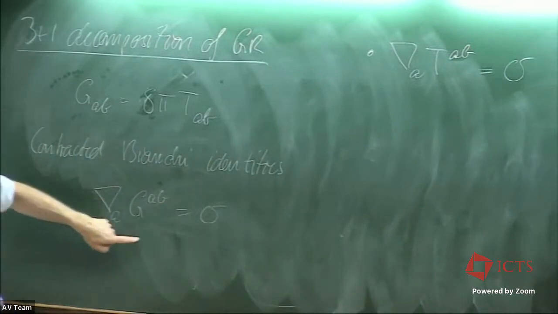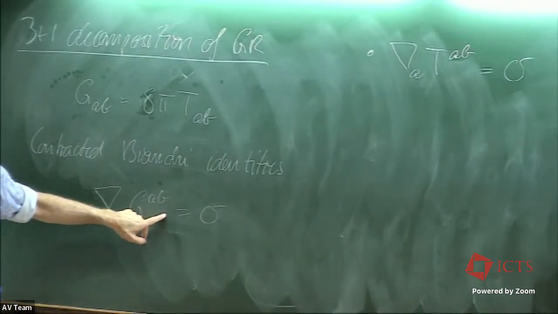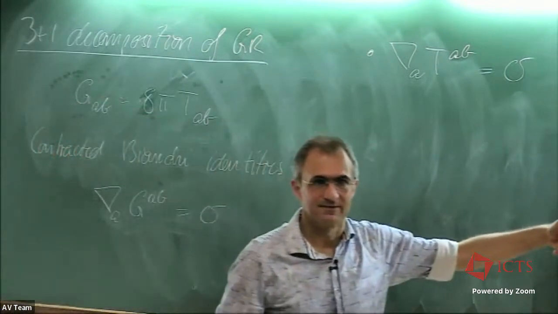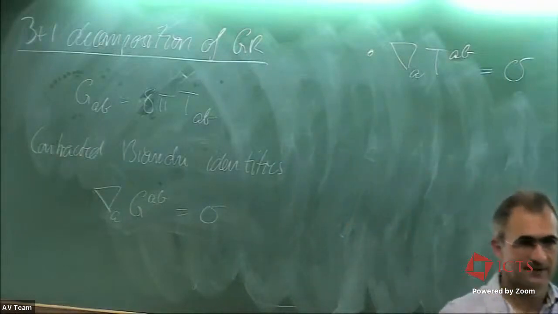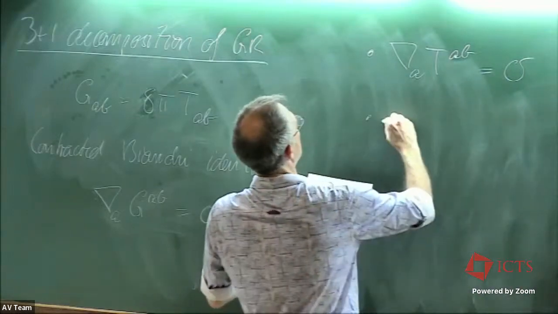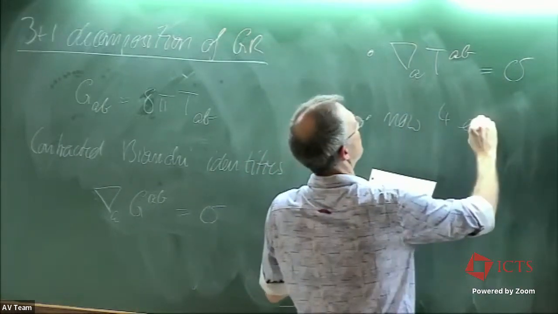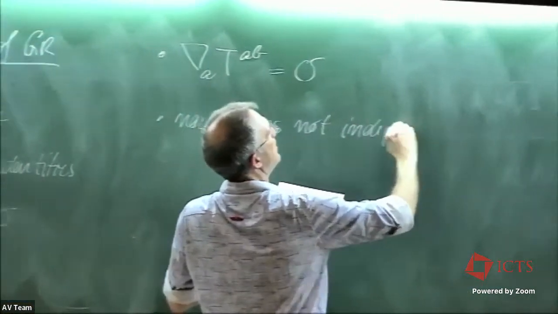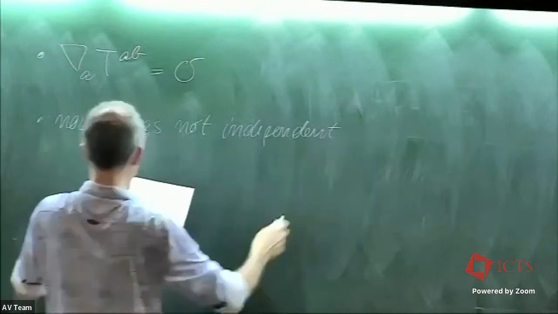Also, you notice that these are four equations in the four-dimensional spacetime. Each one of those equations tells us about a redundancy in Einstein's equations. So there's now a fourfold redundancy. That means we expect both a fourfold gauge freedom and four constraints. So we now have four equations that are not independent, we might say redundant.